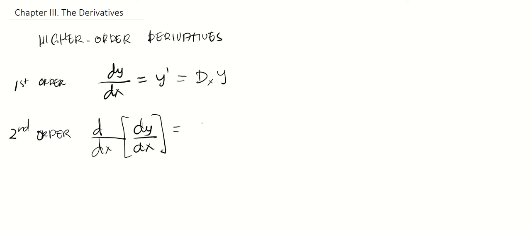And this is equivalent to the second derivative, d squared y dx squared. So this is the notation for the second derivative in Leibniz notation. In prime notation, we use y double prime. In D notation, we just put here square, Dx squared. So that's the second derivative of y with respect to x, the second order.